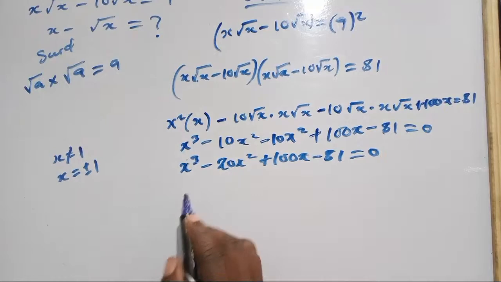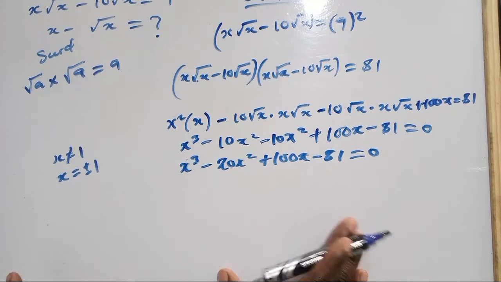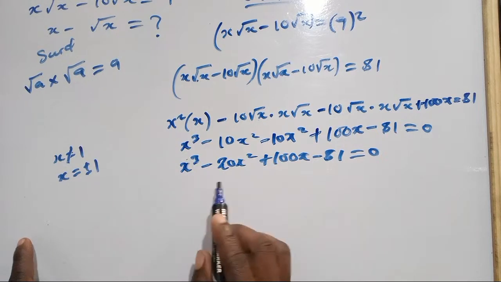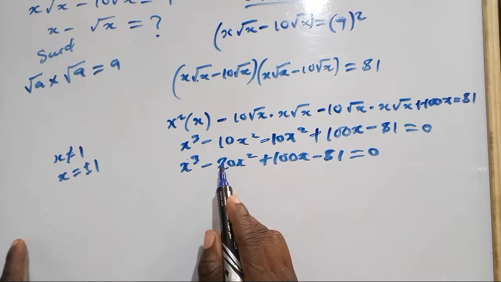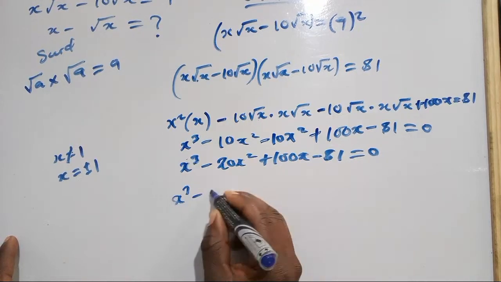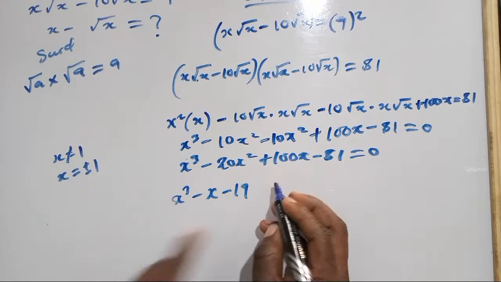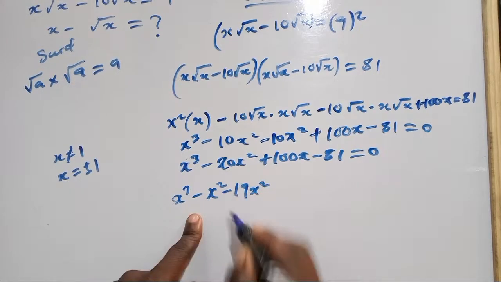Then here, because in mathematics you do what comes into your mind, let's say, what two numbers, if we add them, will give us 20. So we can say x cubed minus x squared minus 19x squared, right?